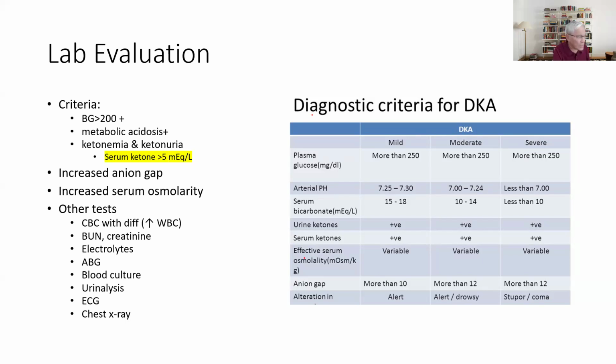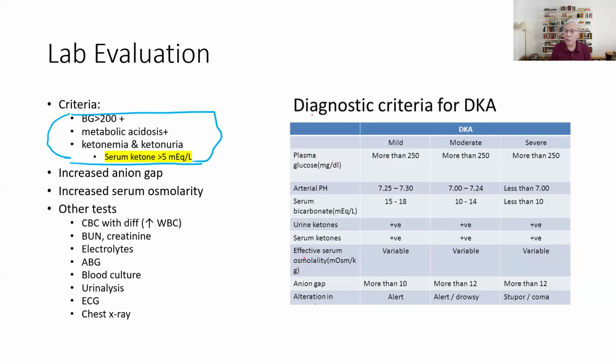And of course, it is accompanied by metabolic acidosis with ketonemia as well as ketonuria. So these are the three things that must be present in order to diagnose a patient with diabetic ketoacidosis. Now, we said the presence of ketones in the blood and in the urine.